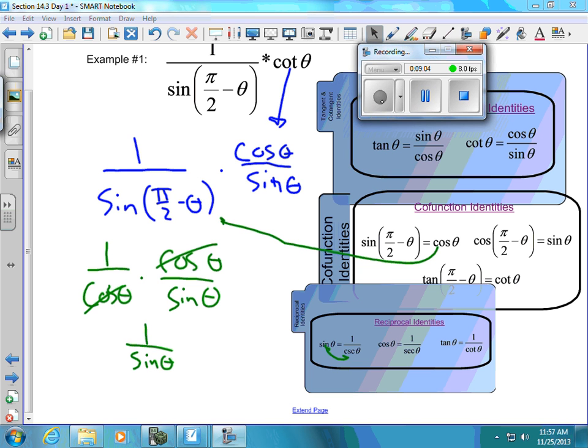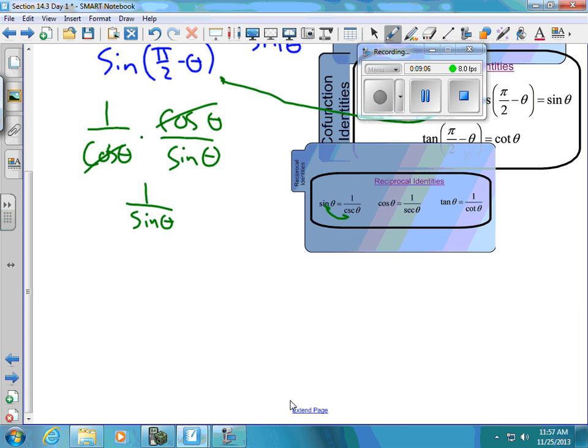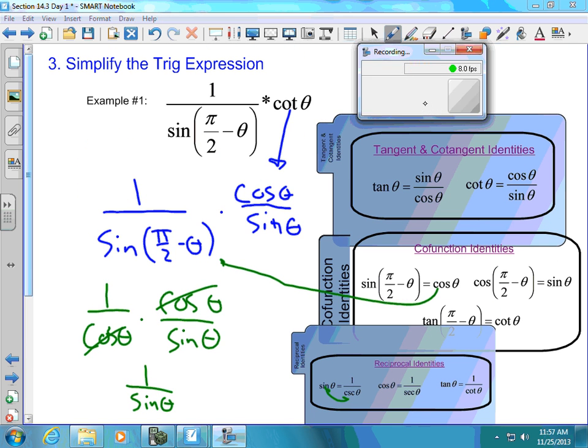So we can see that 1 over the sine is simply just cosecant. So this whole expression will simplify to just cosecant of theta.